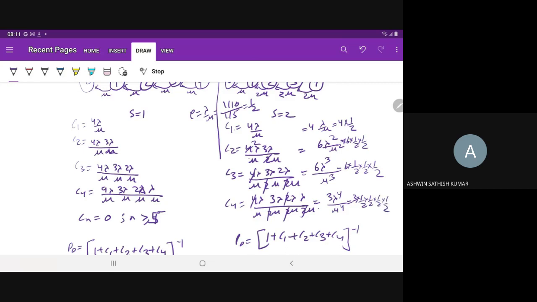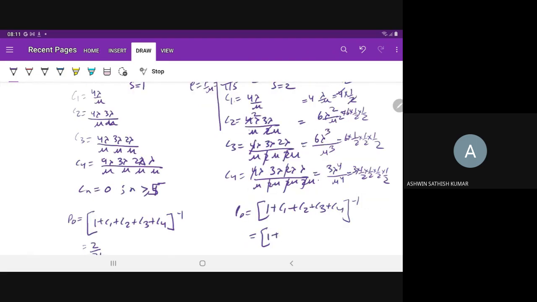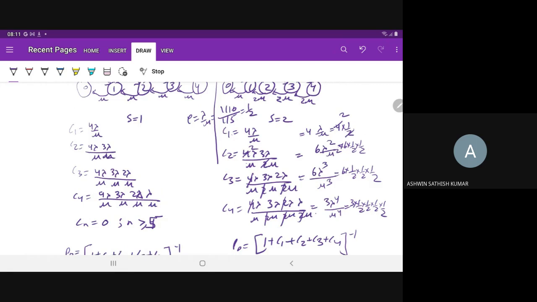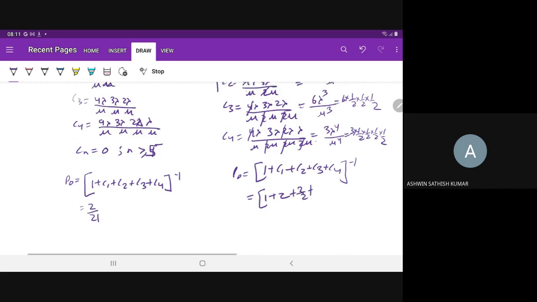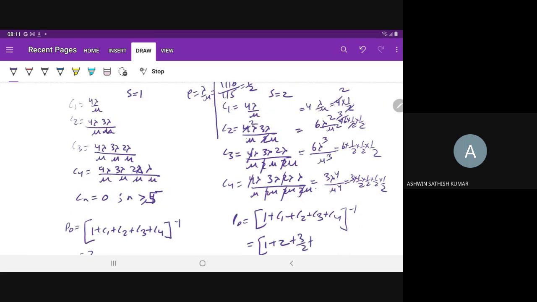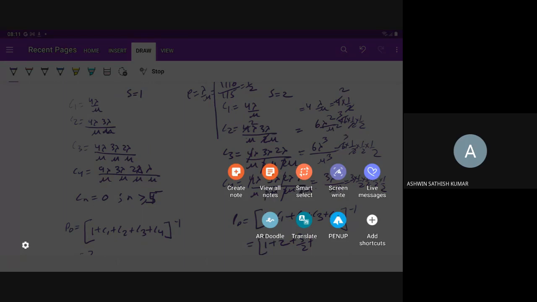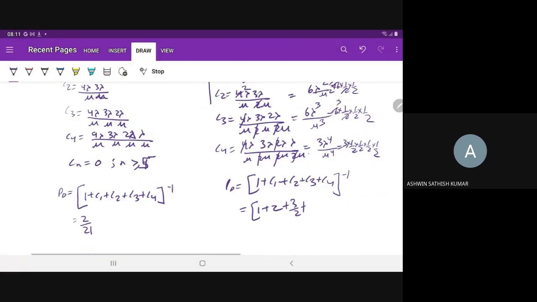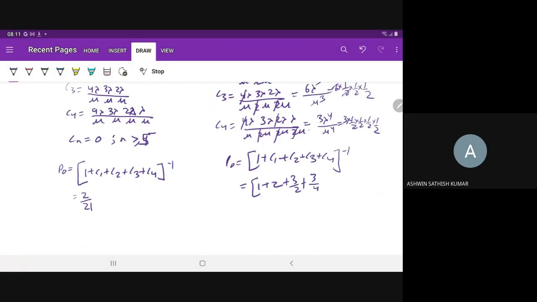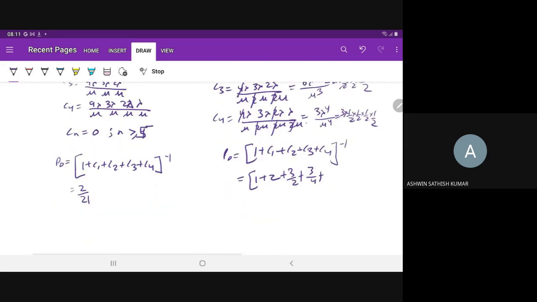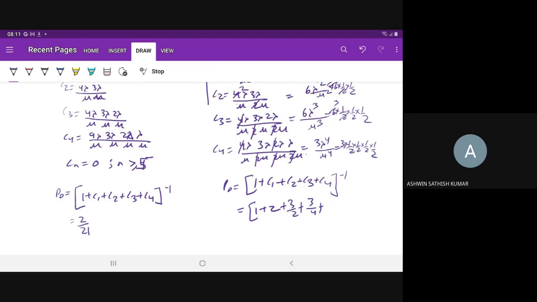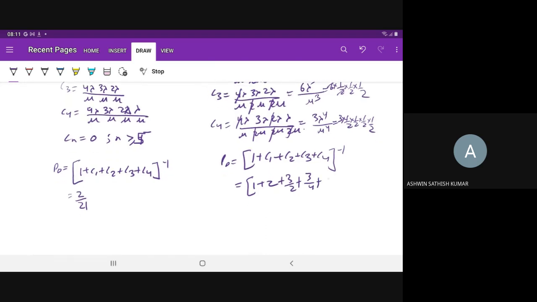So the first one is 2, so here we have 1 plus 2. Second one is 3 by 2, third one is 3 by 4, and this is 3 by 16.